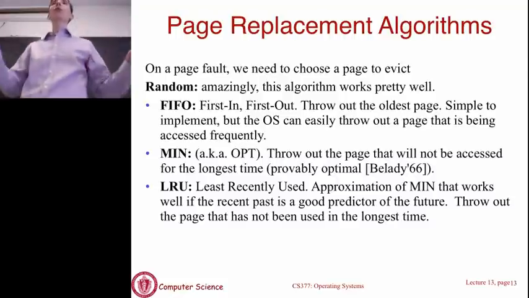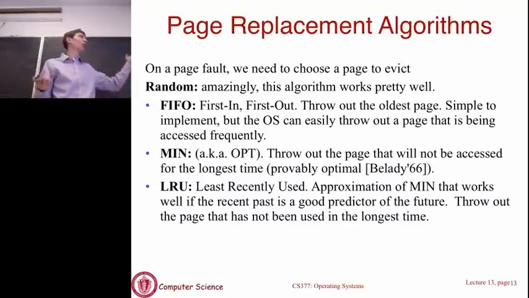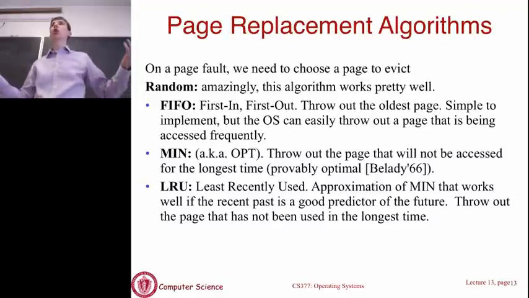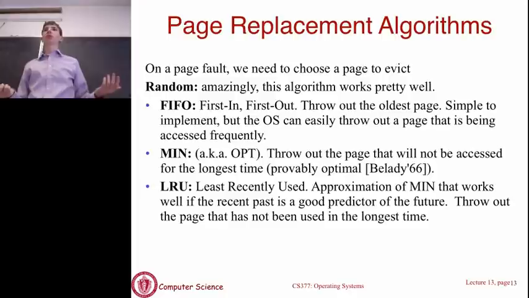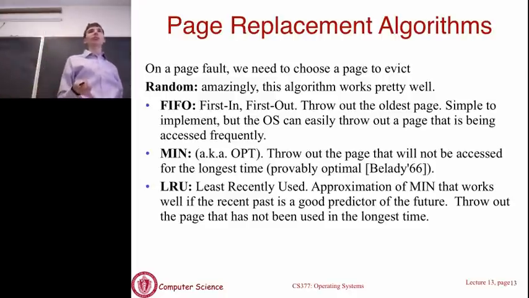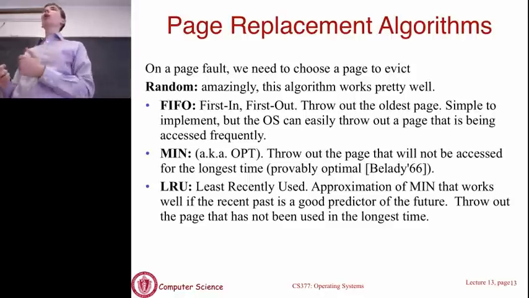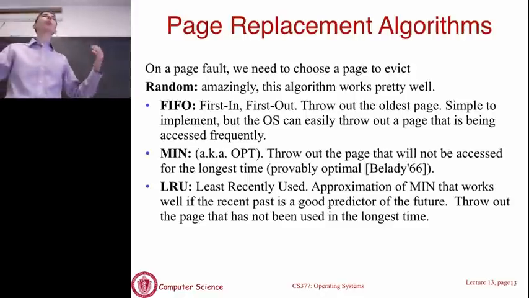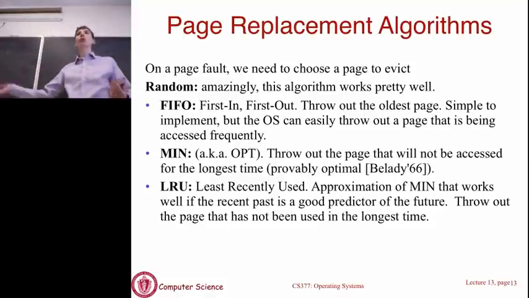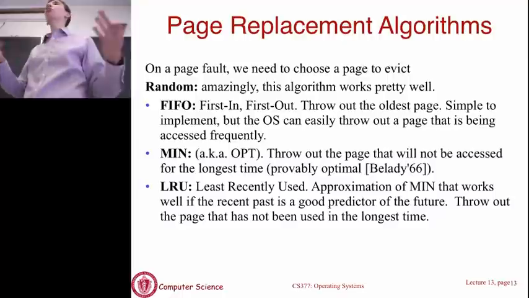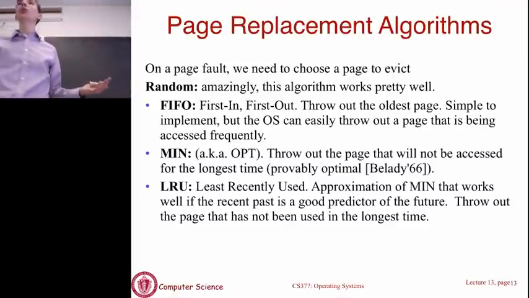So hopefully you're all having flashbacks of CPU scheduling, because what does this sort of remind you of when we were talking about CPU schedulers? Yeah, right. So remember in CPU scheduling we had shortest job first, which was sort of the provably optimal case for minimizing waiting time, but that required looking into the future, so we were basically going to approximate it with multi-level feedback queues.